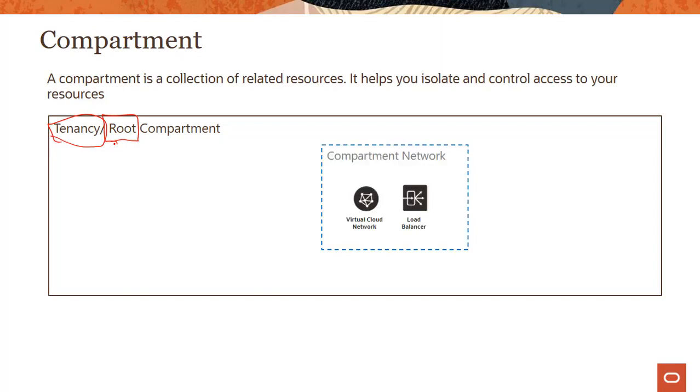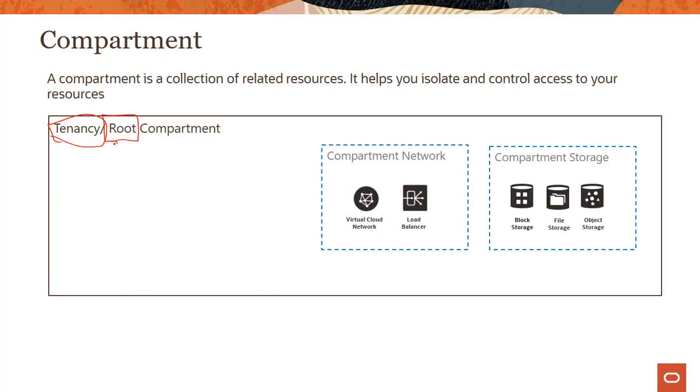So you have lots of resources running in your cloud environments. Let's say you have a bunch of network components and a bunch of storage resources. You could logically compartmentalize them in different compartments. Why would you do that? Well, you want to isolate your resources, maybe. You want different resources to go in different places. You want to control access, so not everybody should have access to your networking resources.